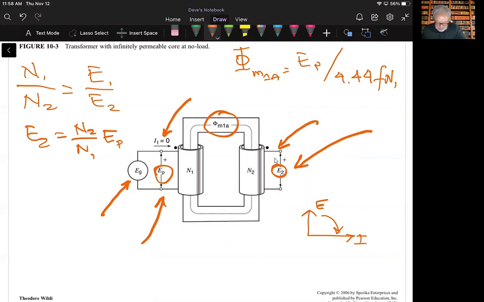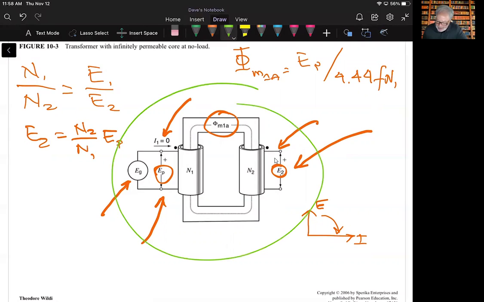Now, this thing is going to get really complicated in a big hurry when we add a load to this relatively simple representation. And so get ready, and we're going to uncover the second part of this, where we couple a load to it.